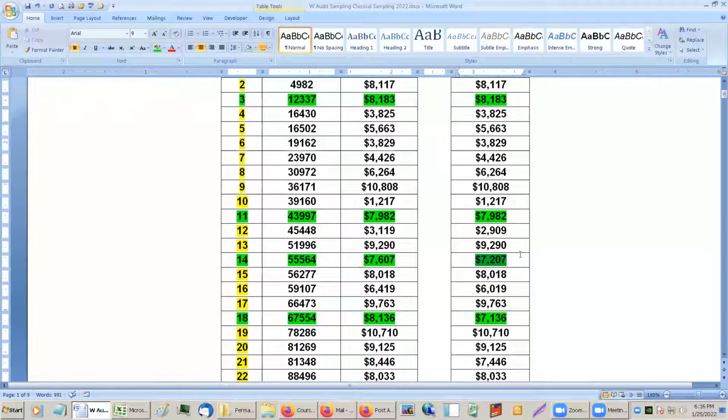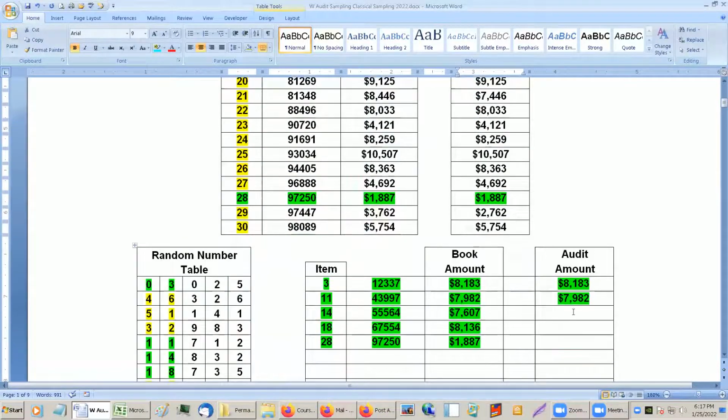Third one is not okay. Oops. Hold on a second. Let me get that clear. So I notice the third one here, they say it's 7607. We look at it, we say it's 7207. So we get a little bit of a discrepancy there.